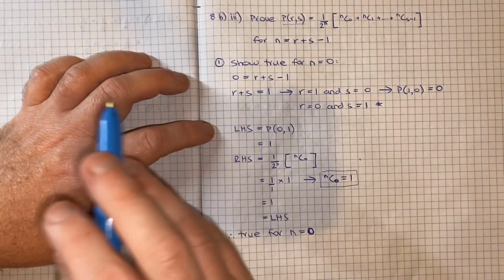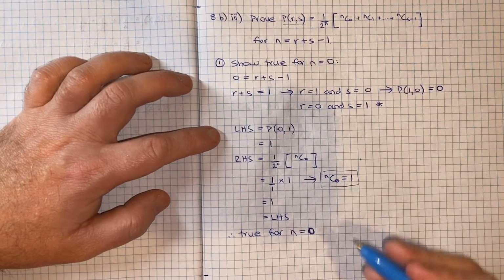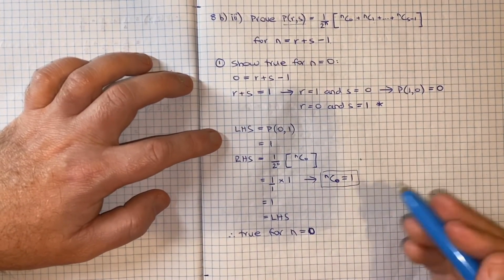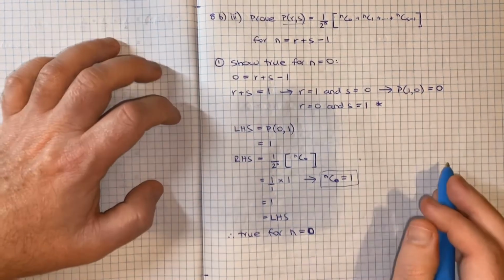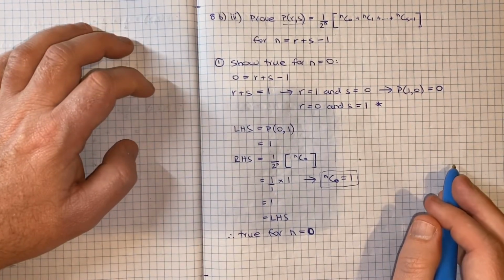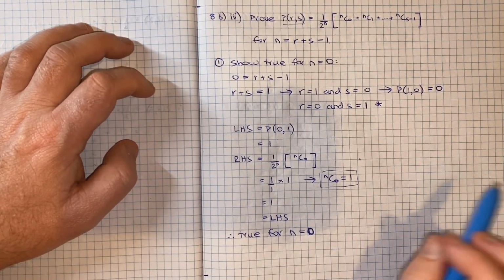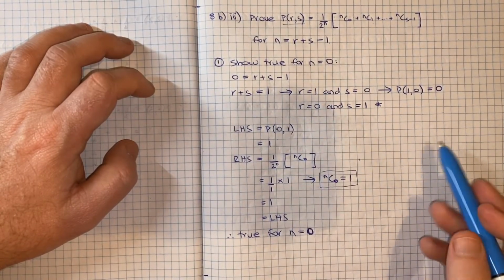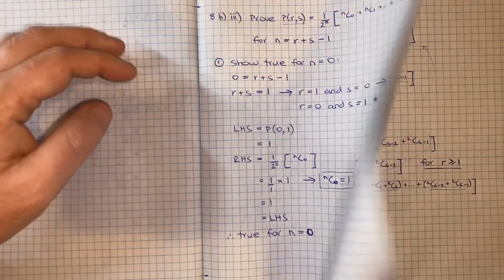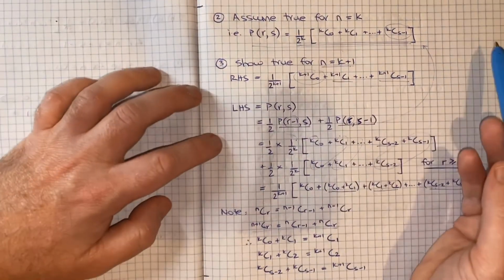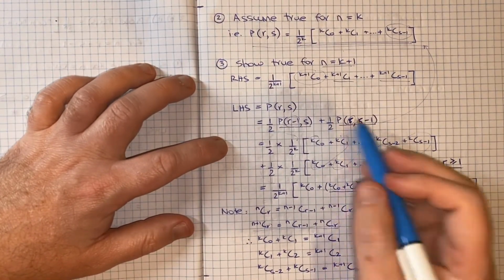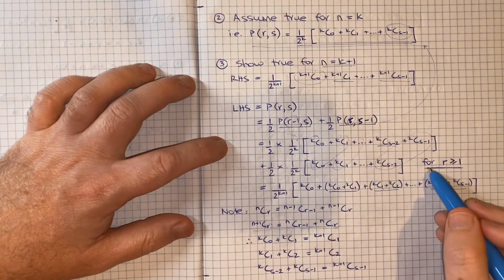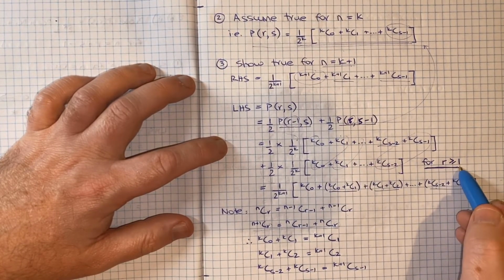I think part 1 and part 2 kind of scaffolded it in and got us to think about it a little bit. But then we really had to make sure we were all across it to get through this induction. I think showing true for n equal to 0, that was probably simple enough. And then obviously step 2 is always easy. But step 3, I think realizing or linking it up with part 1, but noting that there's a restriction there.